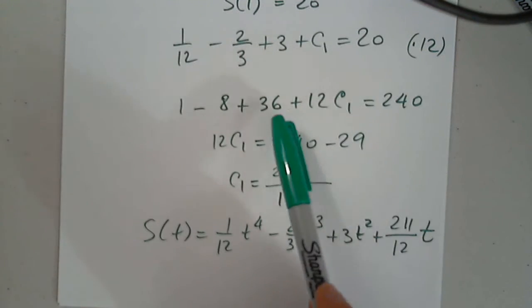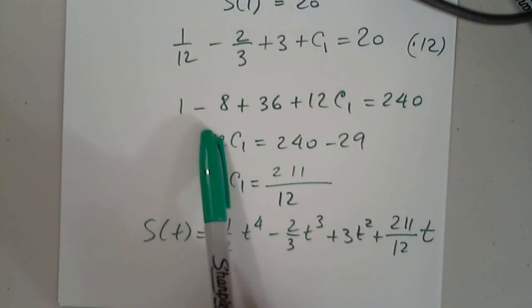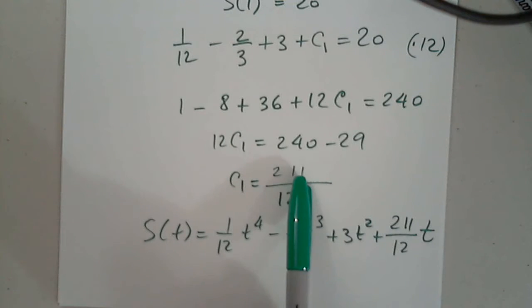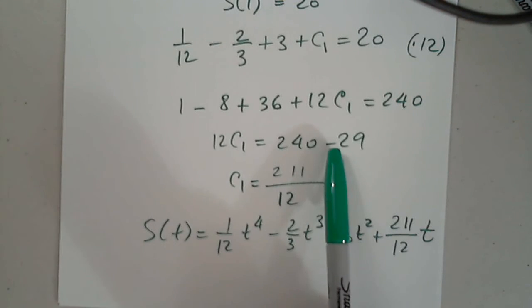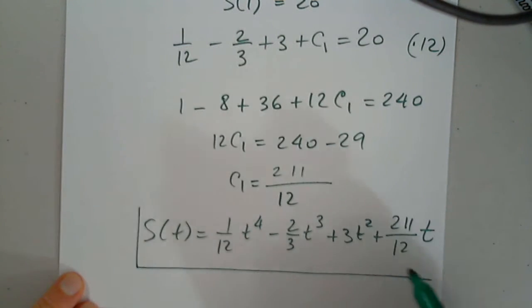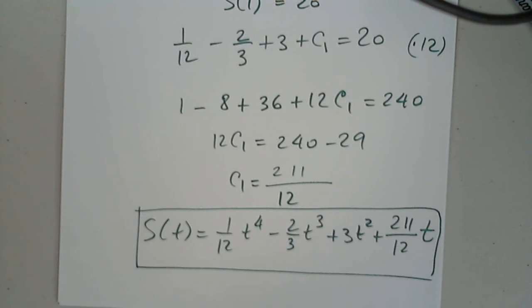That's correct. That's 37. Minus 8 is minus 29. And I think that 11 plus 29 is 40. Yes, divided by 12. Okay. So this is the motion function given the acceleration.